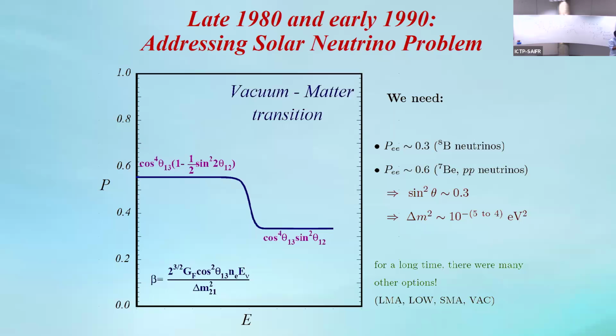Wolfenstein wrote down explicitly all these matter potentials and details, but he never realized it in the standard 3 neutrino picture.